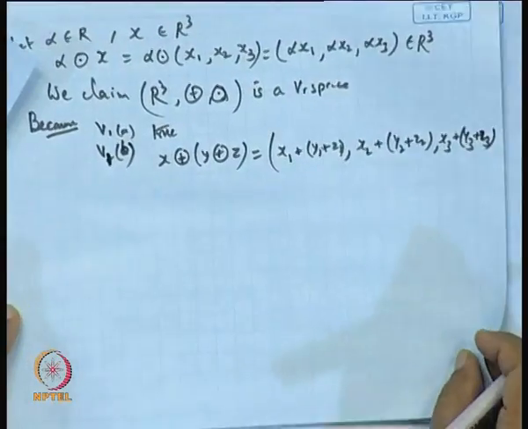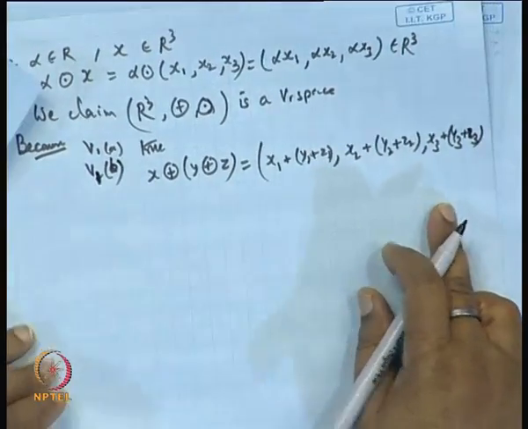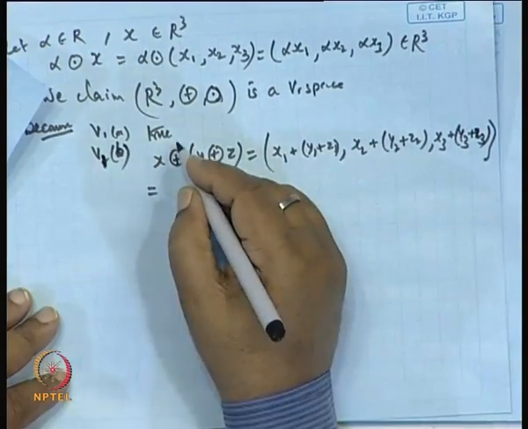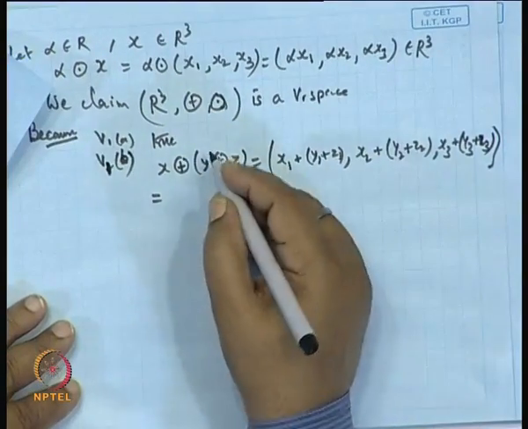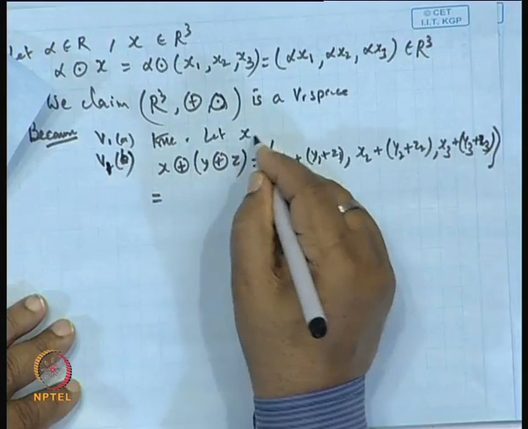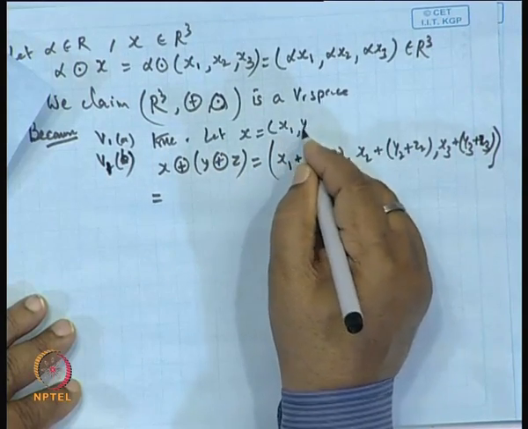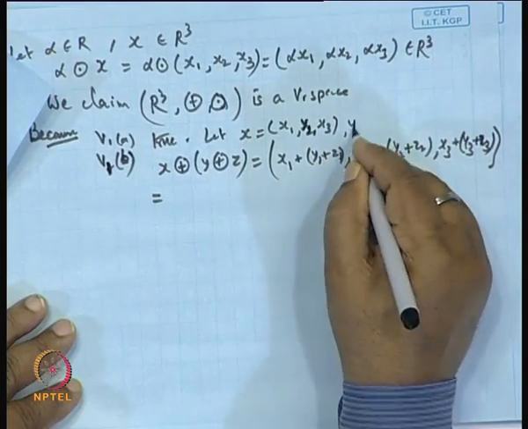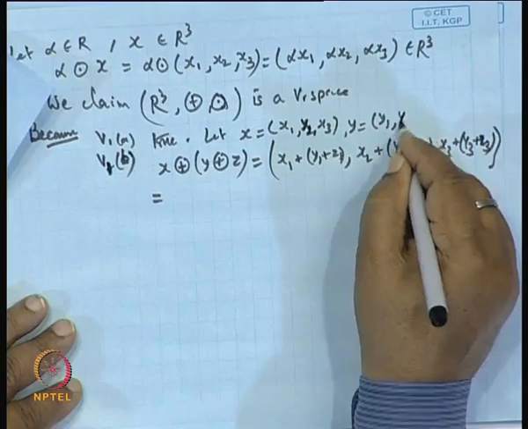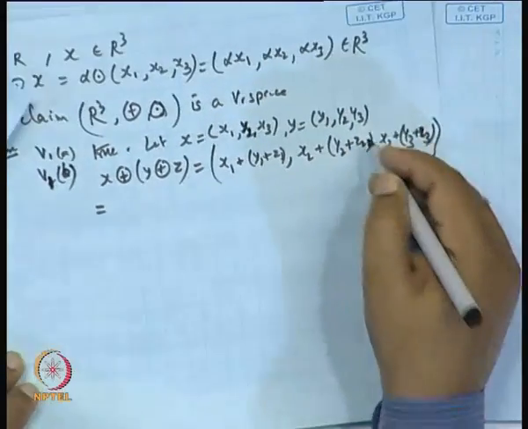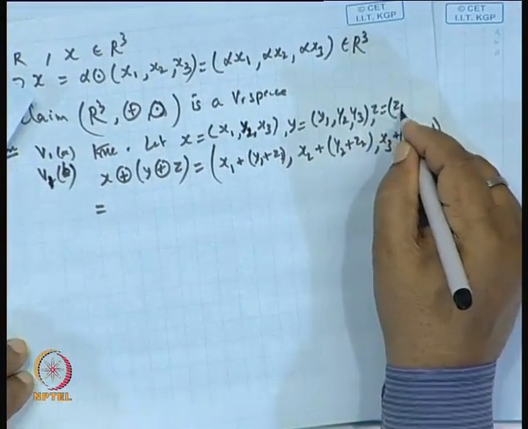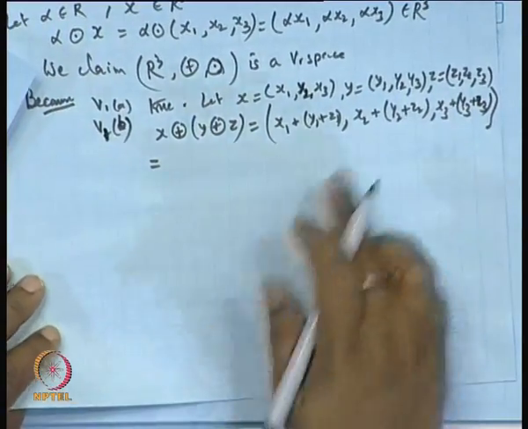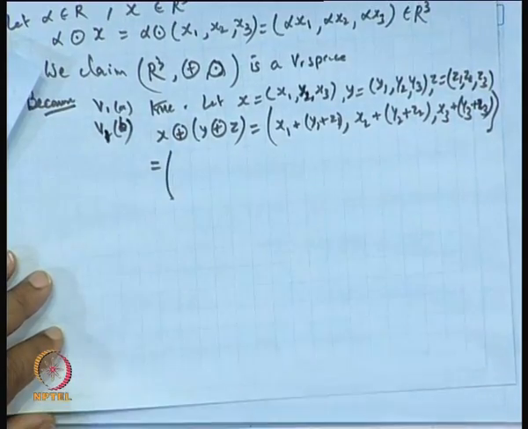And this will be the same as, where x is x 1, x 2, x 3, y is y 1, y 2, y 3, and z is z 1, z 2, z 3. Okay. So, if we introduce this, then what do we get?